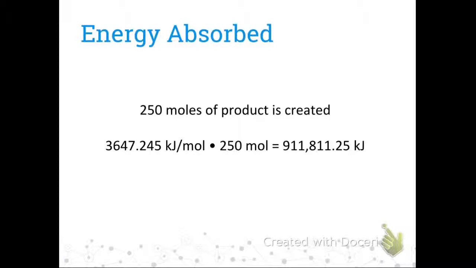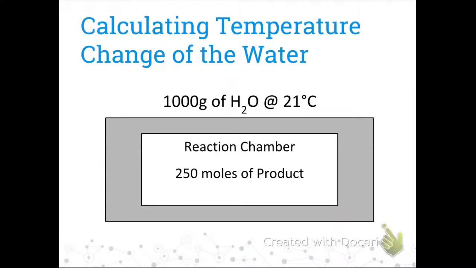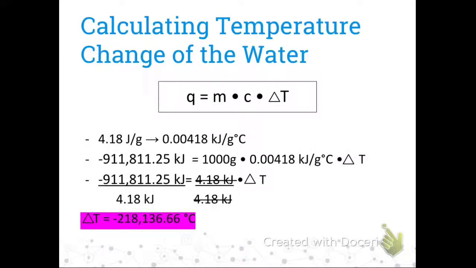We can simply do this by multiplying our enthalpy of reaction, which is 3647.245 kilojoules per mole, by 250 moles, and we get a total of 911,811.25 kilojoules. Now that we know how much heat is absorbed, we can use it to solve for the problem as shown on the screen.